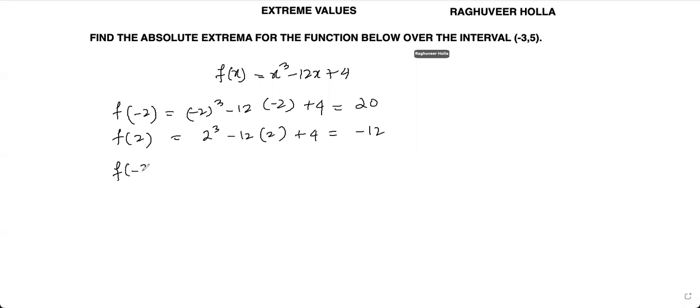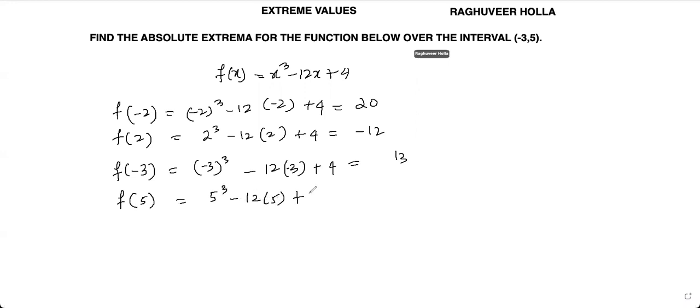And f of minus 3 is minus 3 whole cube minus 12 into minus 3 plus 4, which gives us 13. And f of 5, that is 5 cube minus 12 into 5 plus 4, so this is 69.